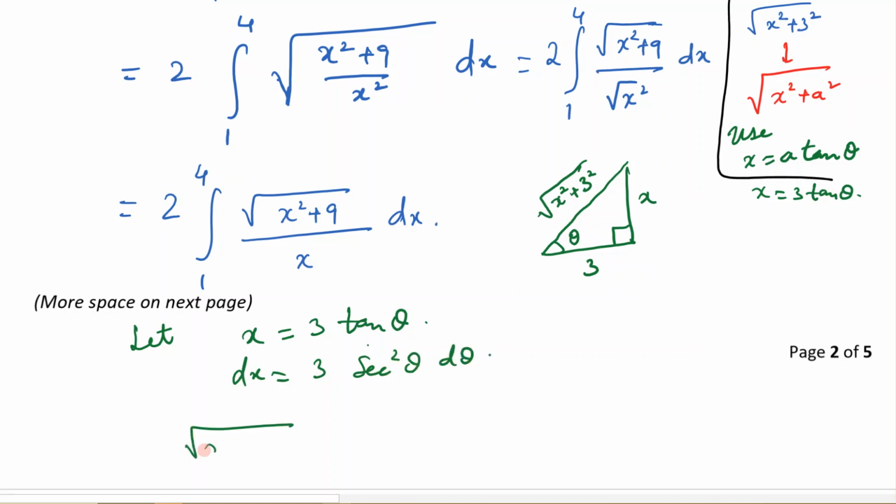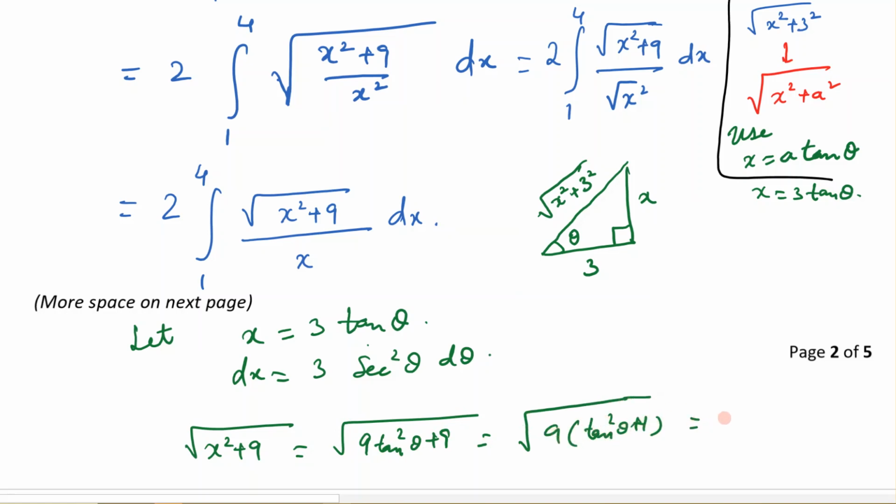Checking: square root of x squared plus 9 becomes square root of 9 tangent squared theta plus 9, so 9 times (tangent squared theta plus 1), which becomes 3 secant theta. So we're going to do all these three substitutions in our given integral.